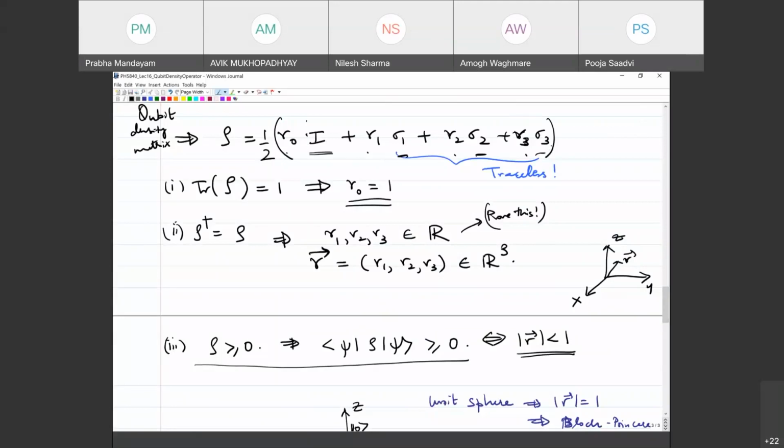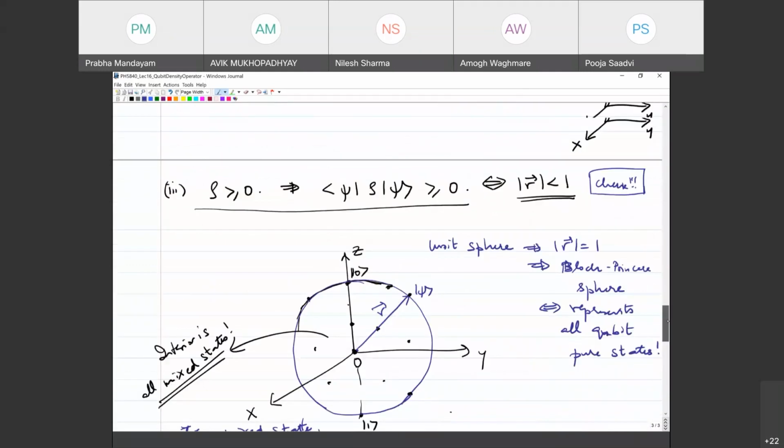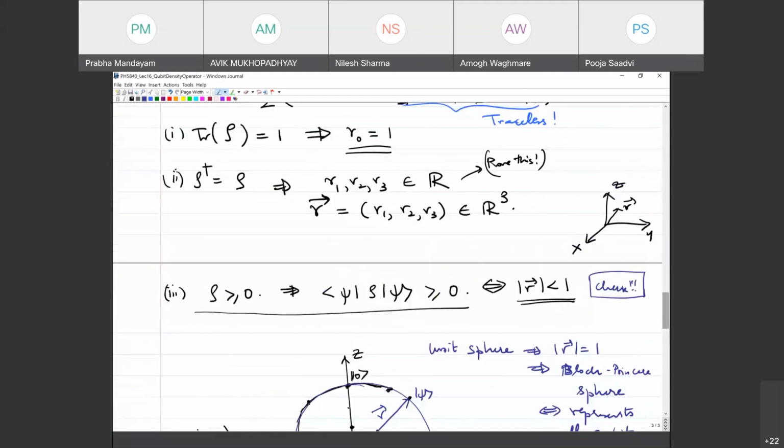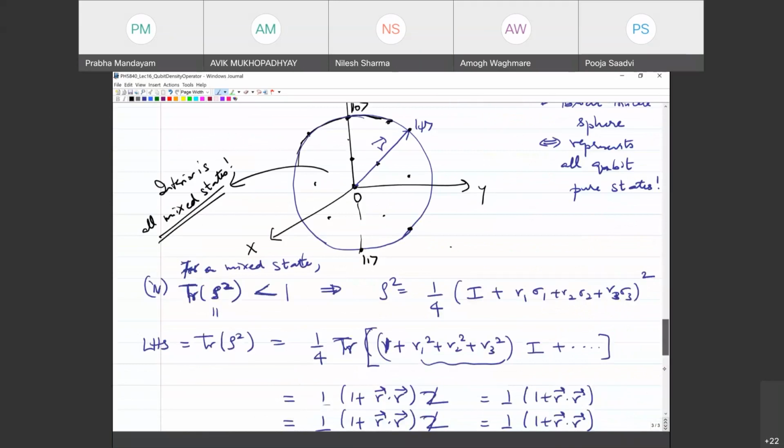You know their eigenvalues. So long as this holds, this state remains positive. So this is for you to check. If you're not able to check, I can show this at the beginning of next class. So please check this. Actually, it should be less than or equal to 1. The less than 1 comes strictly when you're talking only about the mixed states. Right, so I hope this is clear now.